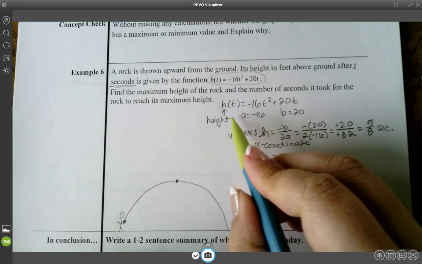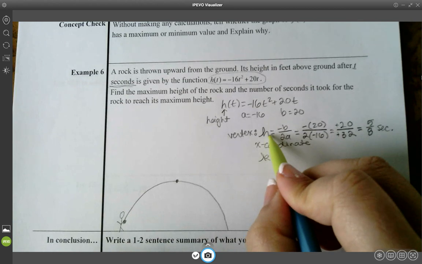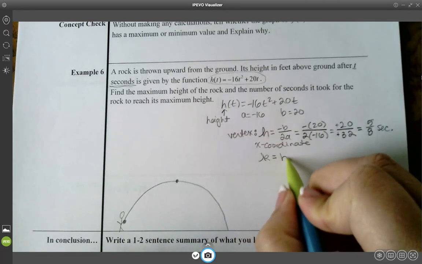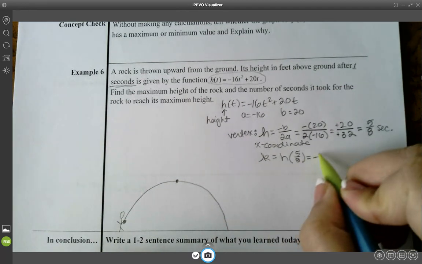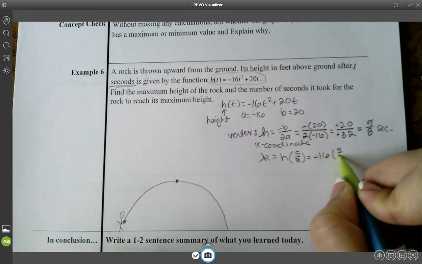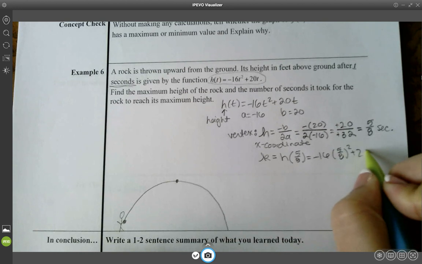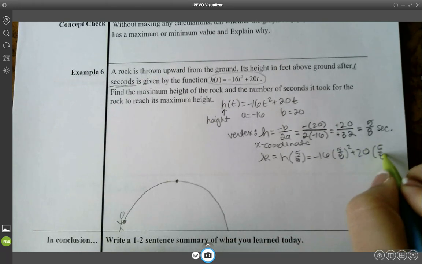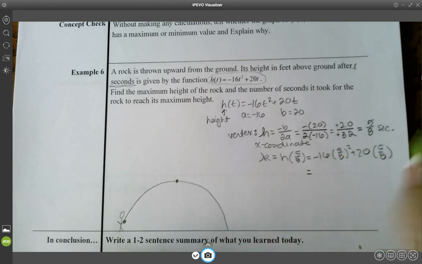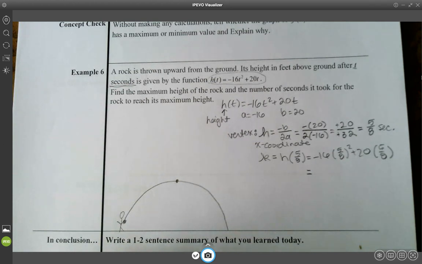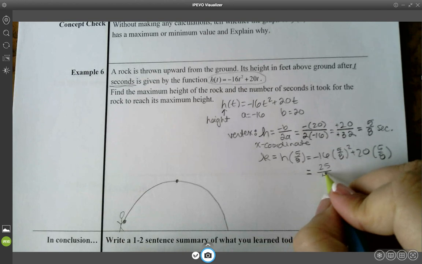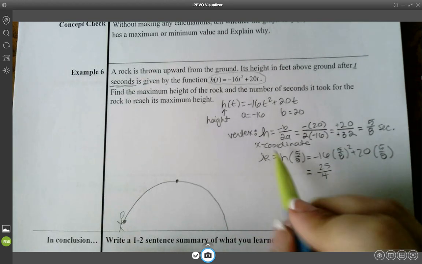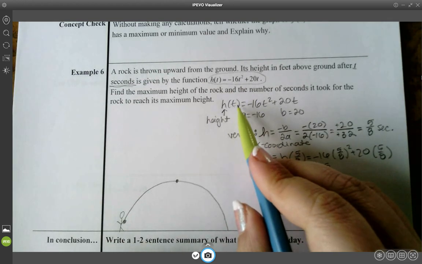K is the y coordinate. So we substitute h into the function. H of 5/8, which gives us negative 16 times 5/8 squared plus 20 times 5/8. You can use your calculator to simplify that if you'd like, and you should end up with 25/4. Now k, representing the y value, right?